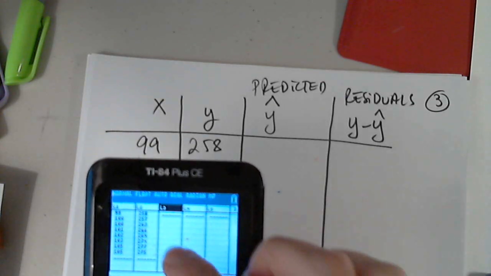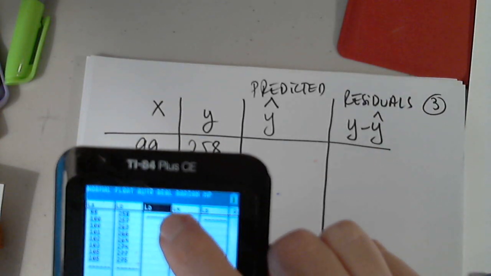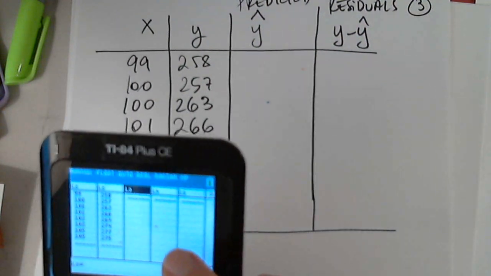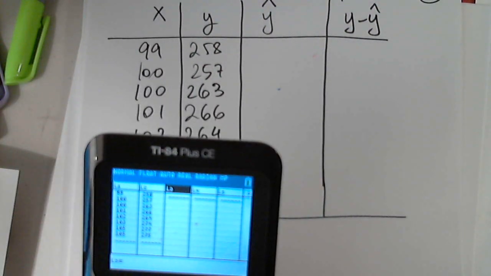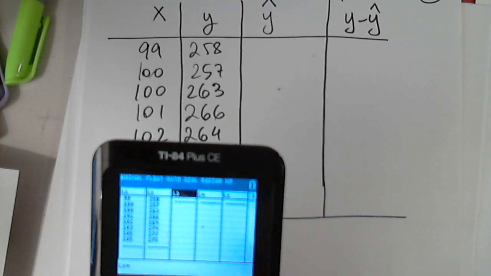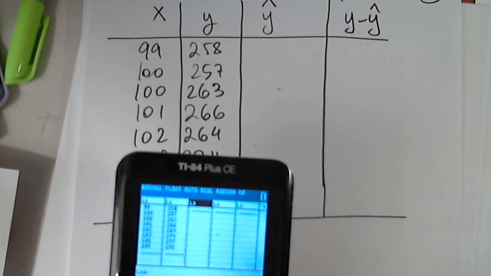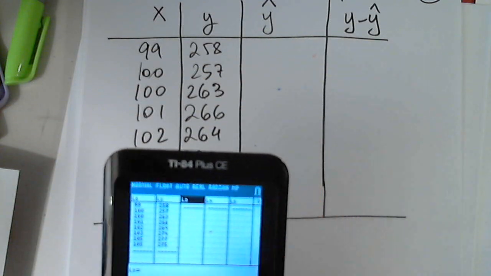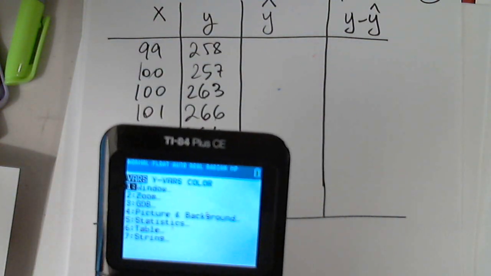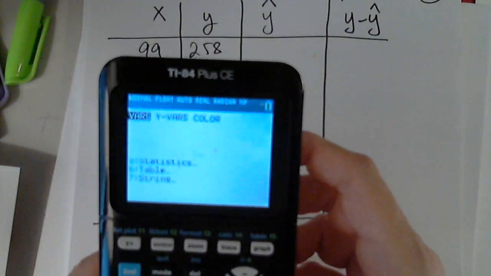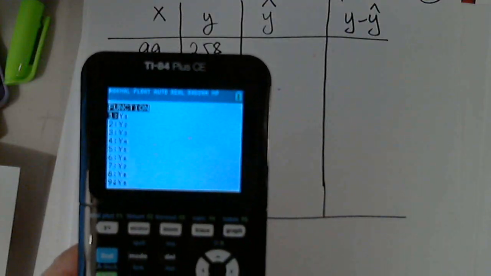Go across to list L3, highlight the top of the list where it says L3. And let's do this. Remember, we have our function in y1. So all I want is to call y1: click on variables, go across to y variables, and call y1.